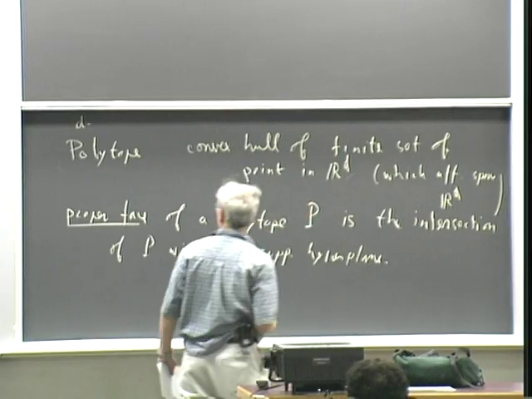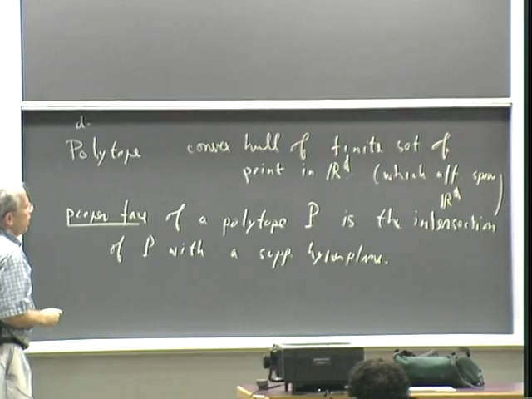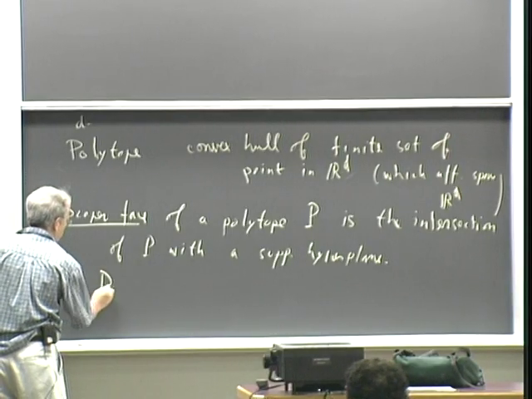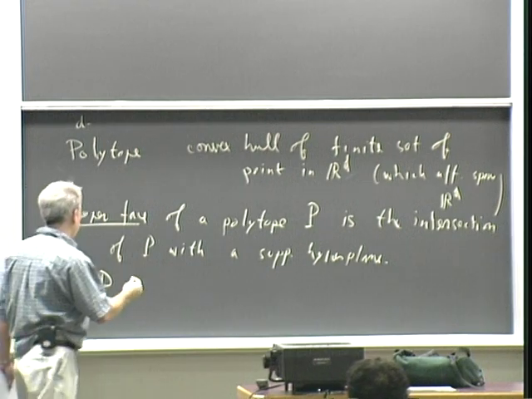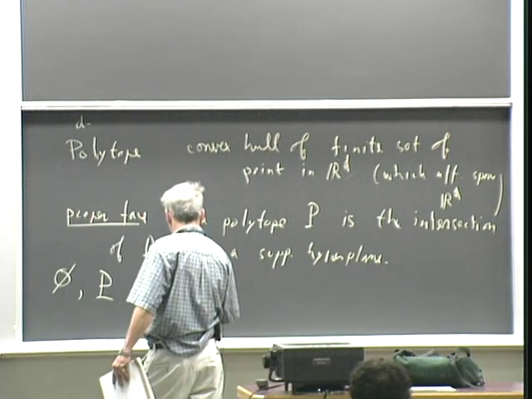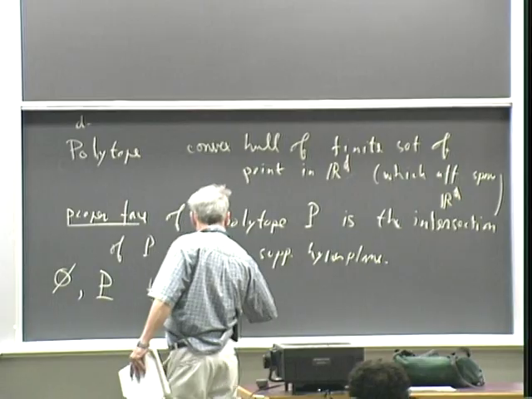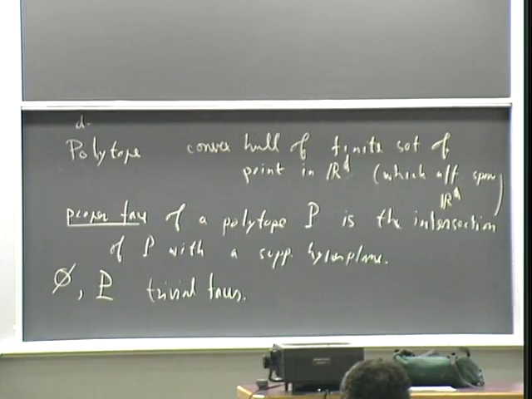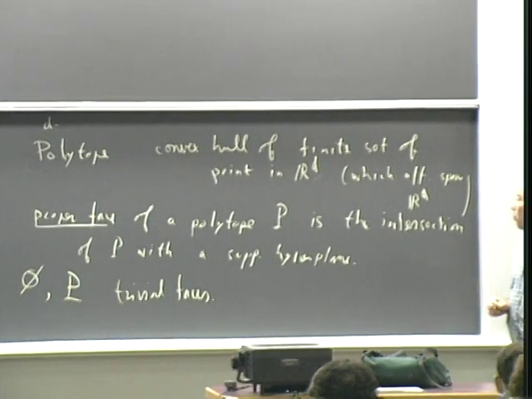So this is a proper face, and we also add the empty set and the whole polytope as trivial faces. And we would like to understand the set of faces of polytopes.